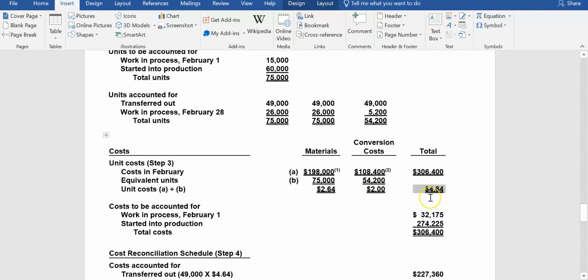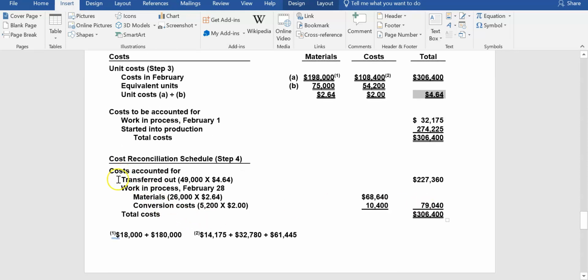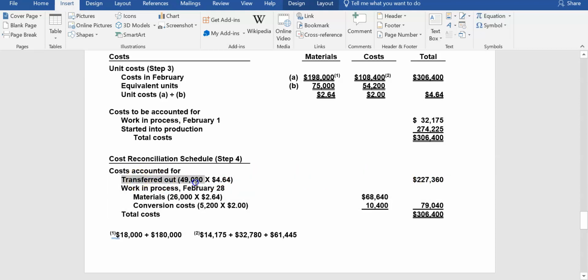Okay. So now that we have the total cost that we need to account for, we are going to assign them by multiplying the cost per equivalent unit times the equivalent units. Transferred out. 49,000 units were transferred out.